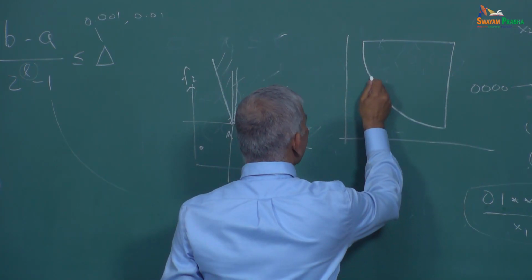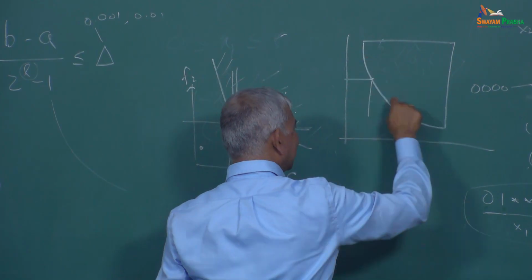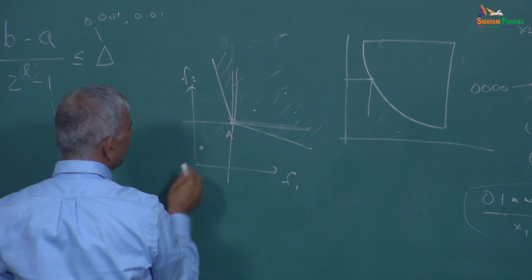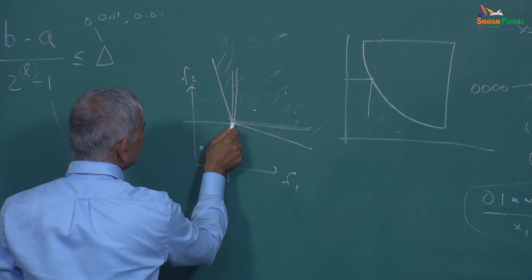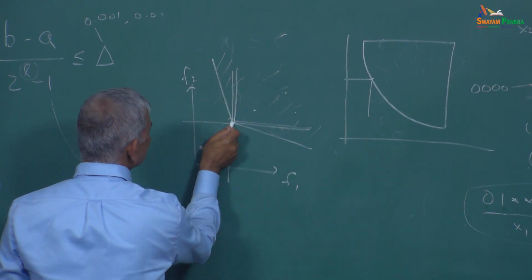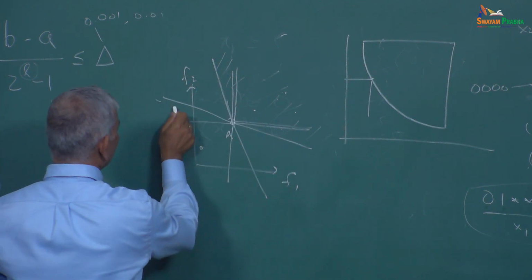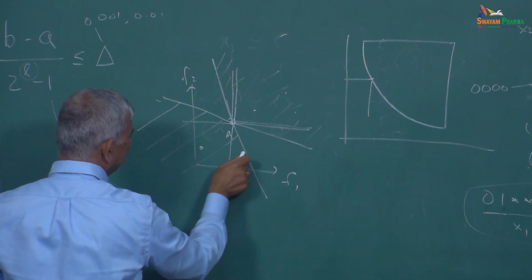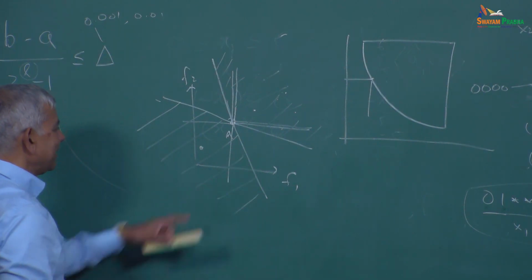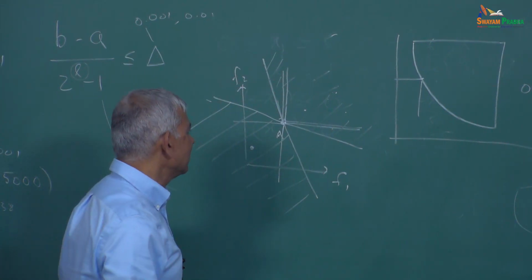So if I take a point here, if there is nothing here, this is Pareto-optimal, so the entire thing was Pareto-optimal. I use the same logic and say that this point is better than anything over there. So if I take the mirror image, I have to cross this line that way, I have to extend this line this way. Any point here is going to be better than A. That's what it comes, right?